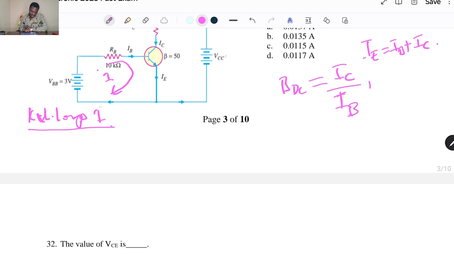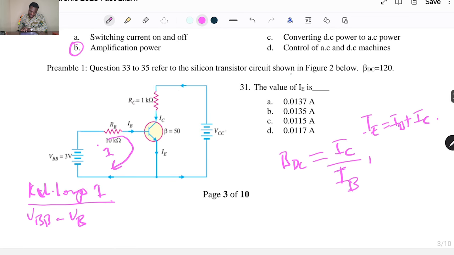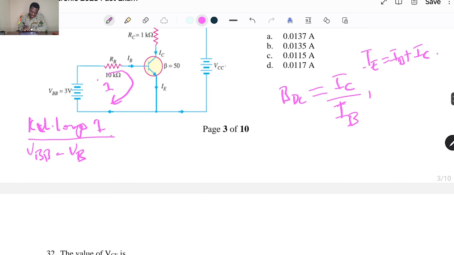We are looking at the clockwise direction, so I write VBB moving clockwise. Here the voltage across RB, we call it VB. Then from there, because we have been told this is a silicon transistor, here we have VBE. So we can write minus VBE, which is equal to 0.